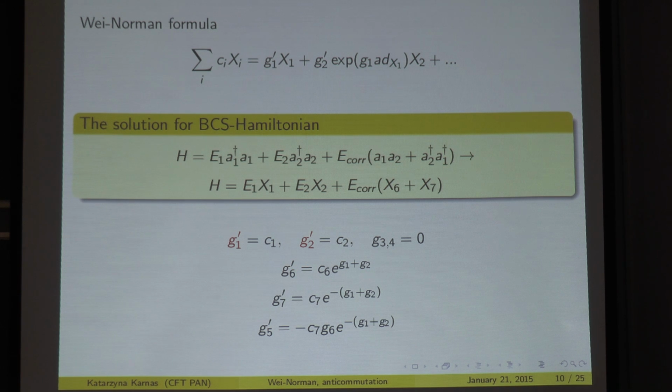I marked the coefficients g1 and g2 with red color, because only in these two cases the integration is non-trivial. This means the derivative of g_i is also a function of g1.